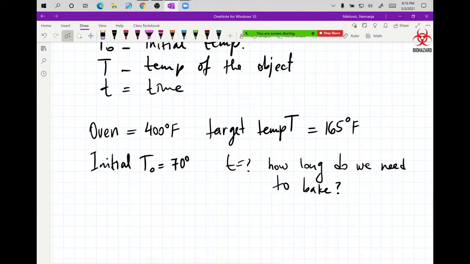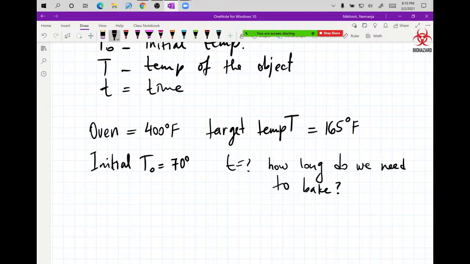Now let's see. The oven is at 400 degrees. That's going to be the room temperature for the chicken. The initial temperature T0 is 70. That's good for a chicken. The target temperature is there. If you try to plug all of this into the equation, you quickly see that you have two variables: you don't know K and you don't know T. So this information is not enough.